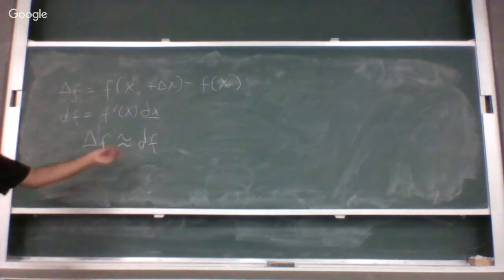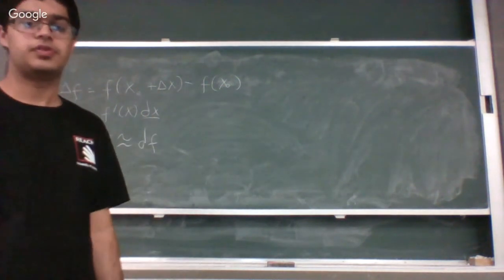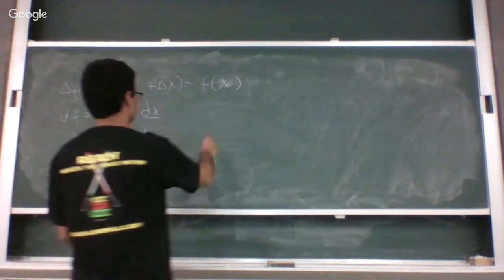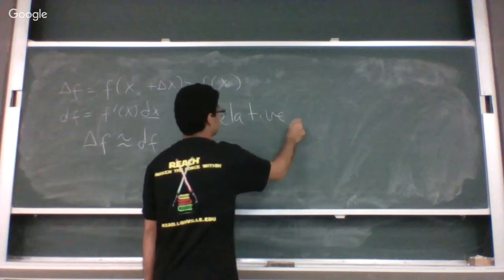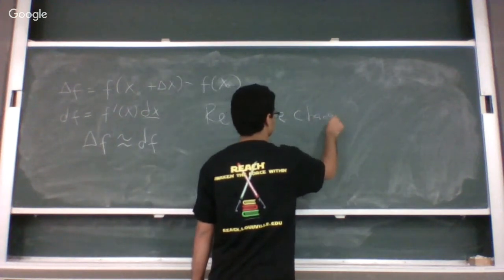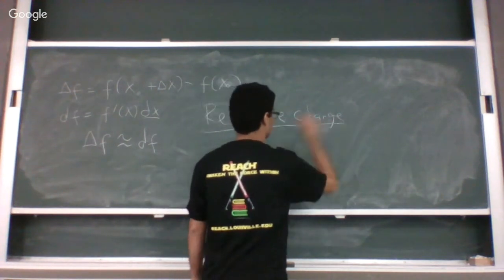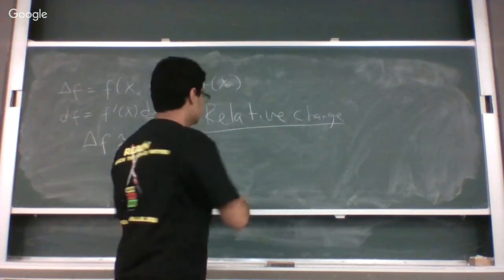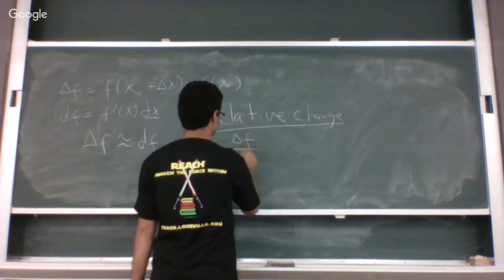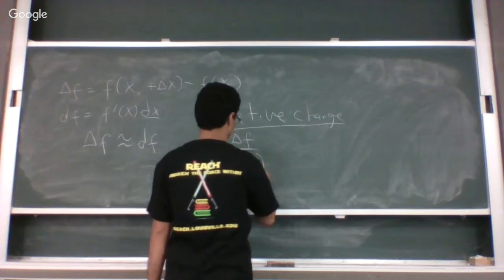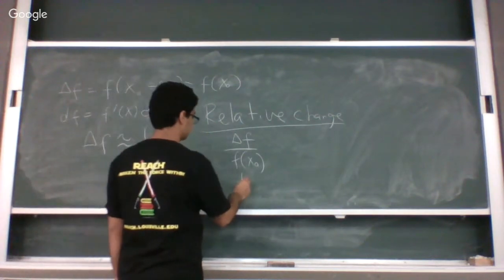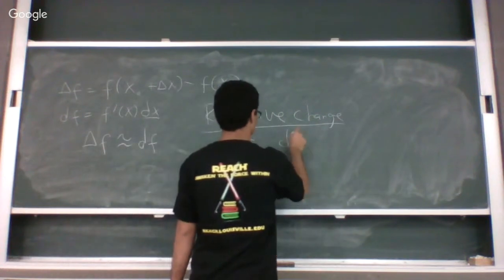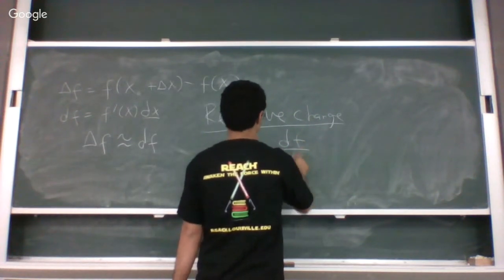Change in f is approximately df. And then if you want relative change, like they could just ask, find relative change. You just need to know that relative change is change in f over f at x of o, or df over f of x of o.